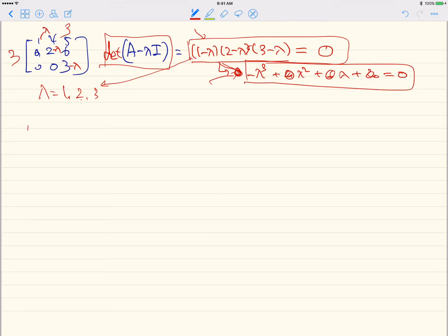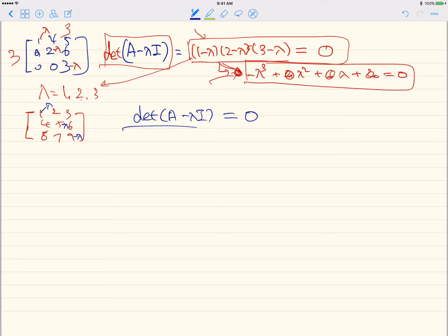But what about this? 1, 2, 3, 4, 5, 6. Okay, I changed it this way. It's not an important part. But here, suppose our matrix A is this form, which is just a general matrix. And minus lambda, and minus lambda, and minus lambda. And then we have to write this guy, determinant of A minus lambda I, and that should be 0, right?